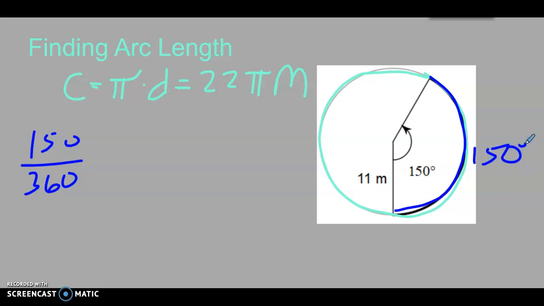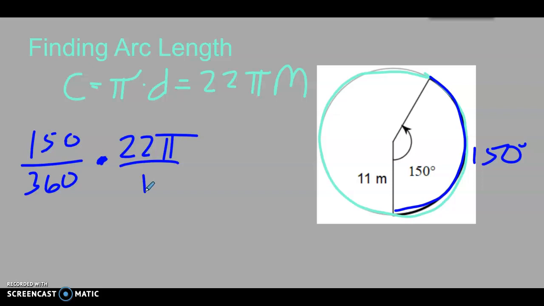But if we want to find that actual measurement in meters, we simply take 150 360ths times our circumference, which is 22 pi, and I'm going to write it over 1 just because we're working with fractions. A lot of you like to see a fraction times a fraction.